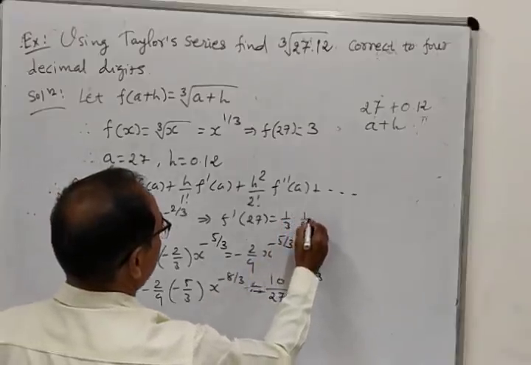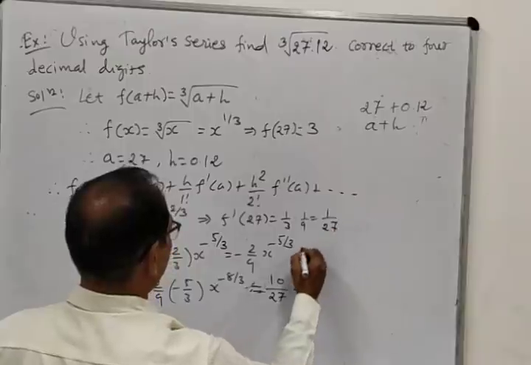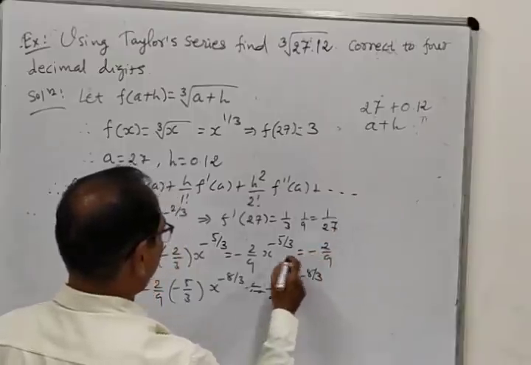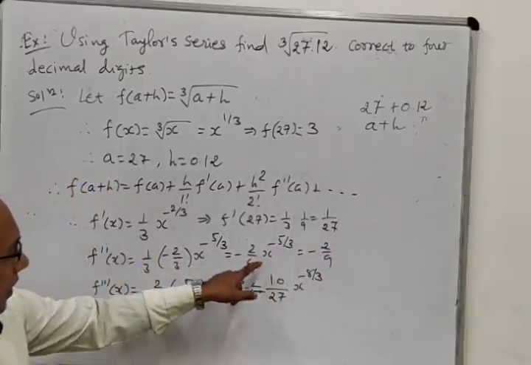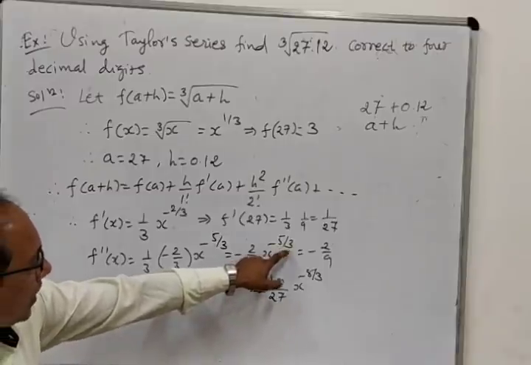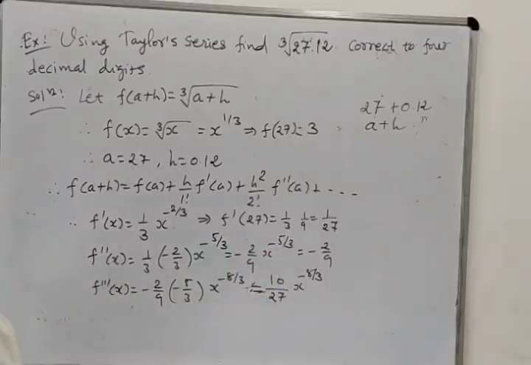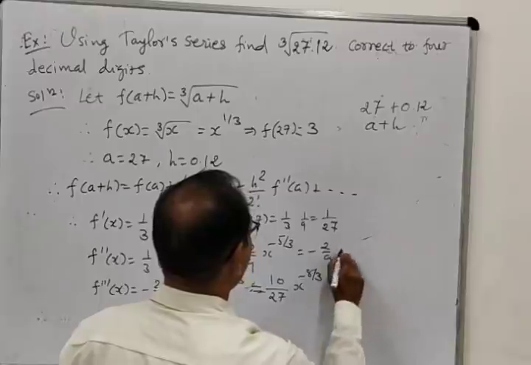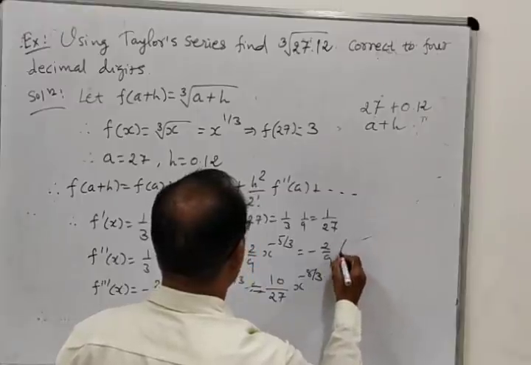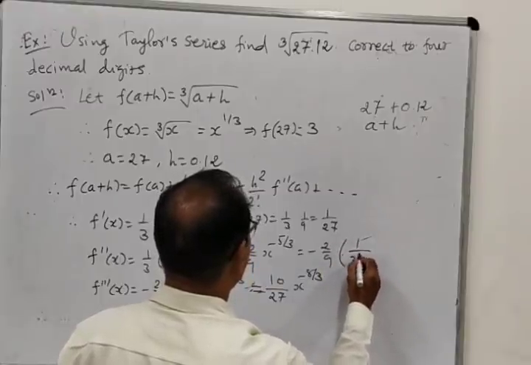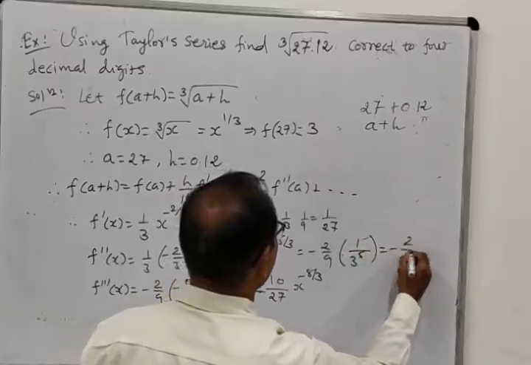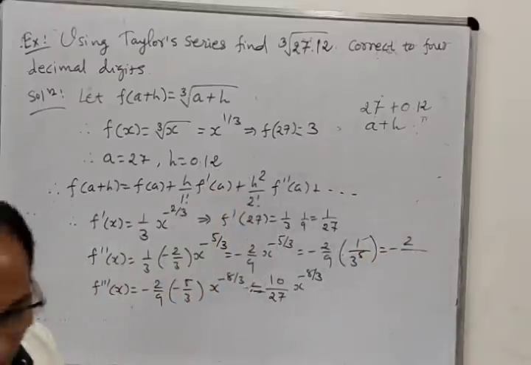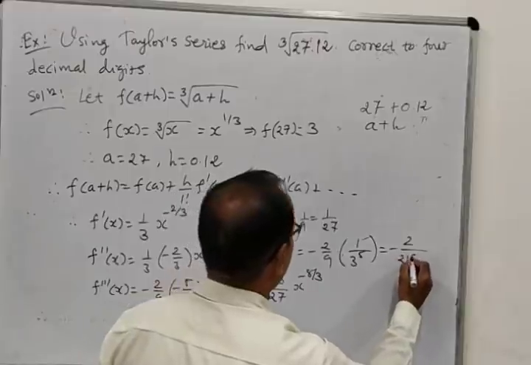So into 1 by 9, that is 1 upon 27. Similarly here minus 2 by 9: 3 nines are 27, so 3 cube, 3 and 3 will be cancelled. So 3 raised to minus 5, which you can find very easily. It is minus 2 upon 1 upon 3 raised to 5. So you will get minus 2 upon 2187.